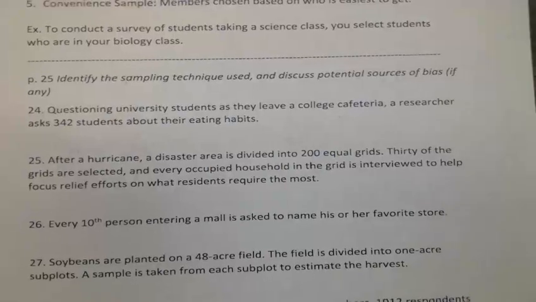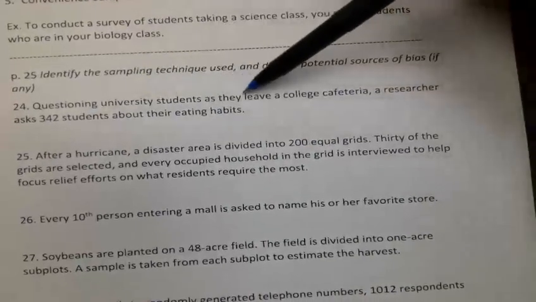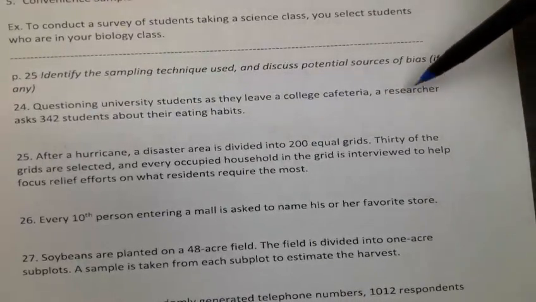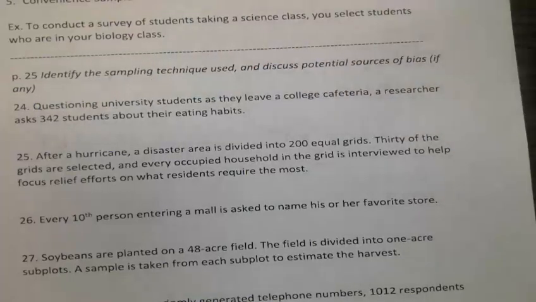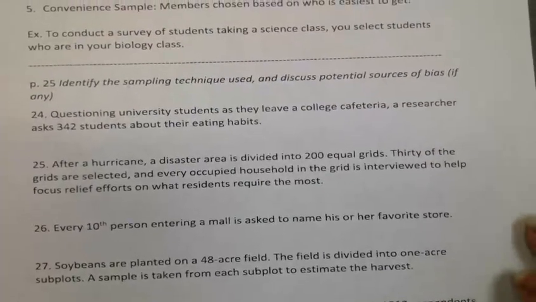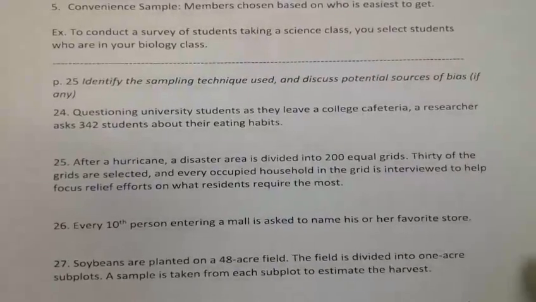All right. Questioning university students as they leave a college cafeteria. A researcher asked 342 students about their eating habits. So let me write them all out somewhere that you may see them.